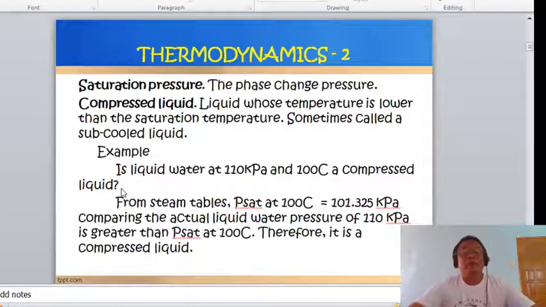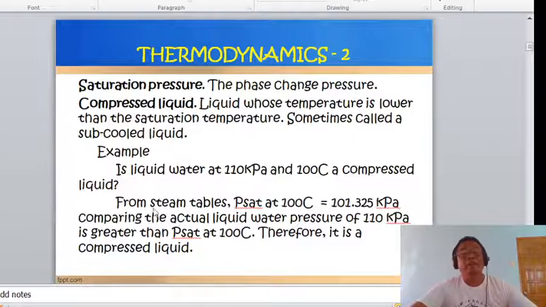Table 2. P saturation at 100 degrees Celsius is 101. Meaning class, the water will boil at 100 degrees Celsius at 101.325 kilopascal.